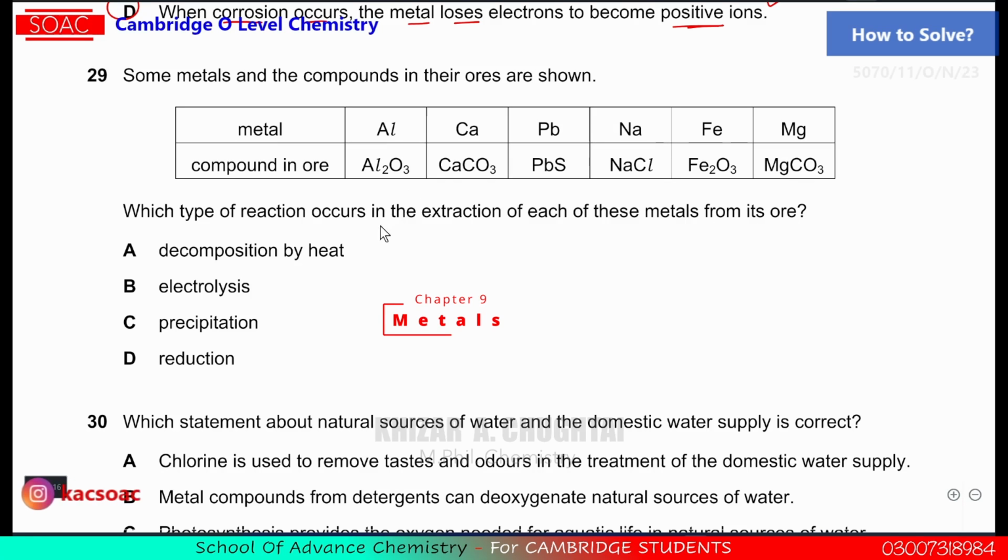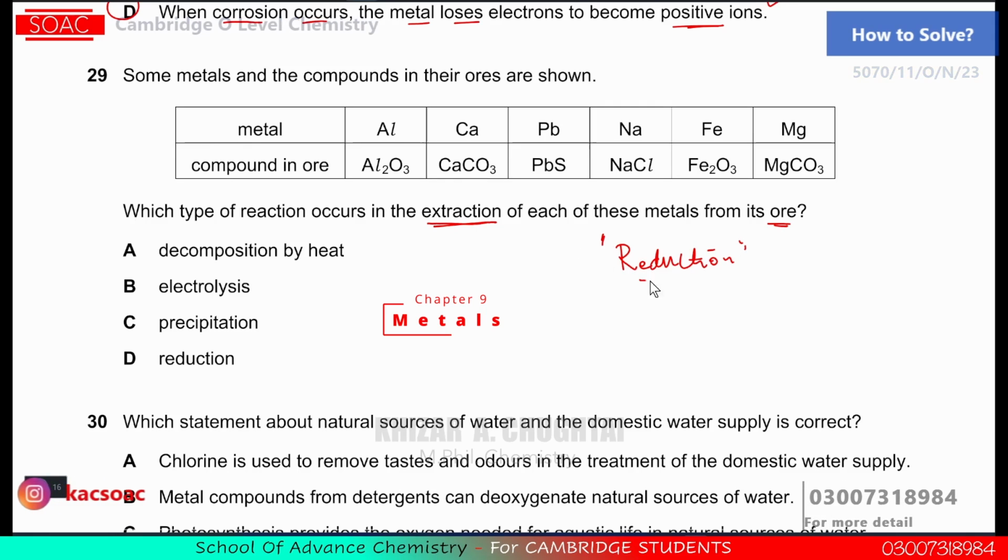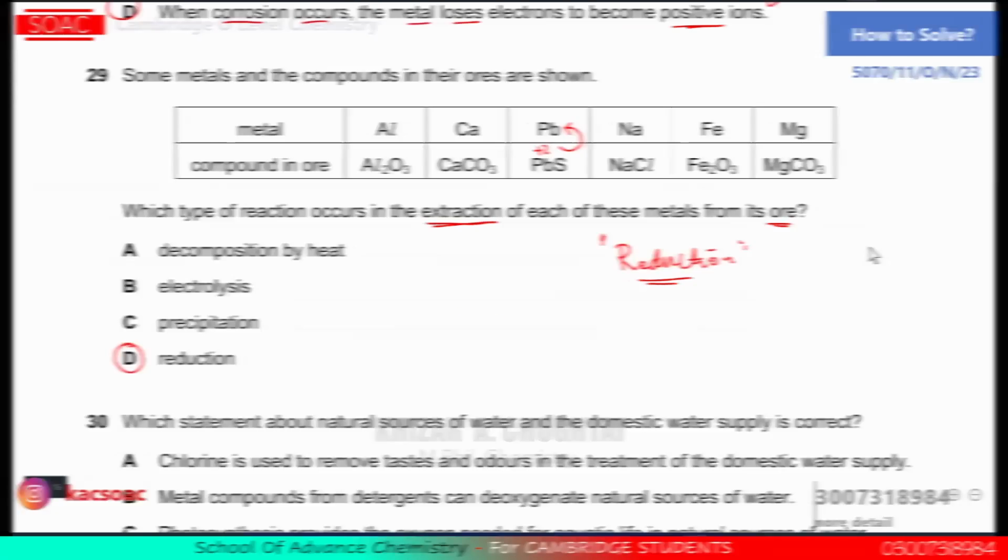Basically, when we extract the metal from its ore, the reaction is said to be reduction, because we change the metal positive ion into pure metal. This process is said to be reduction, and that is this one. This is true, and it's a straightforward answer.